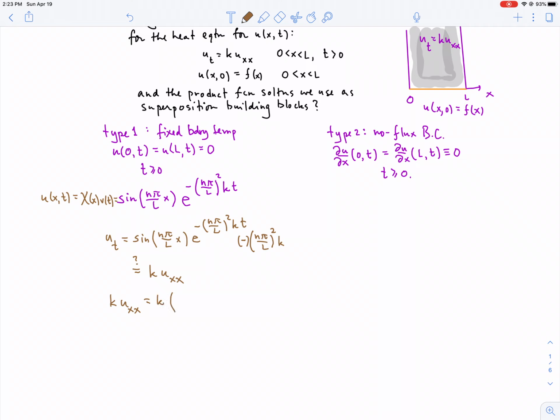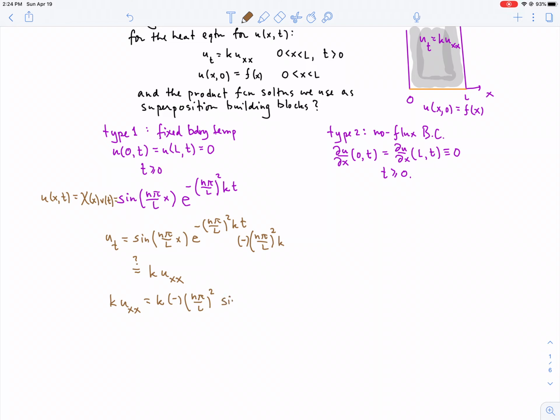When I take two derivatives of the sine, each time the chain rule, when I go from sine to cosine, I'll get an n pi over L. Then when I take the derivative of that, I'll get a factor of minus n pi over L. So I will get a minus n pi over L squared when I take two derivatives.